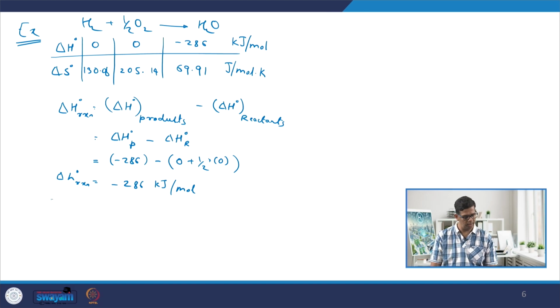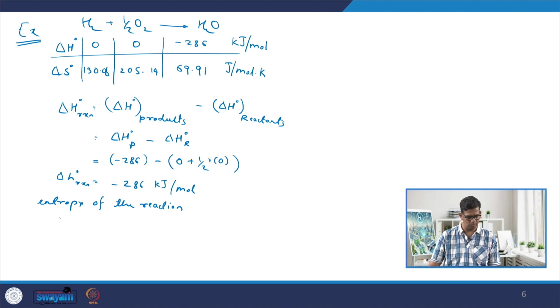Now, what we do next is, let us also find out the entropy of the reaction. When I say reaction, it is the hydrogen and oxygen getting converted into water. So, let me write delta S reaction as delta S naught products minus the reactants.